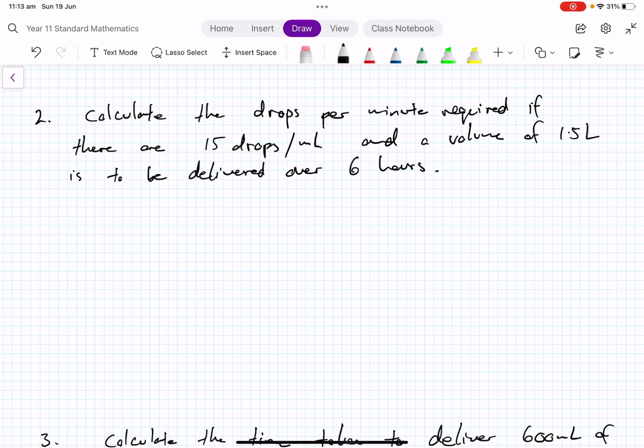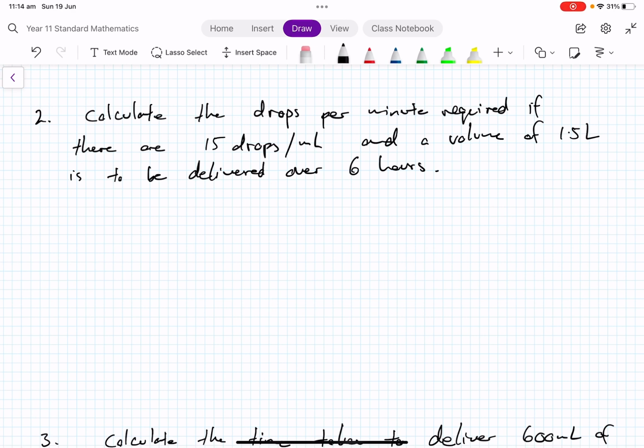So this question says, calculate the drops per minute required if there are 15 drops per milliliter and a volume of 1.5 liters is to be delivered over 6 hours. All right, so there's a few rates going on here that we need to consider. So basically the first thing you think is, okay, let's not worry about the 6 hours for the moment.